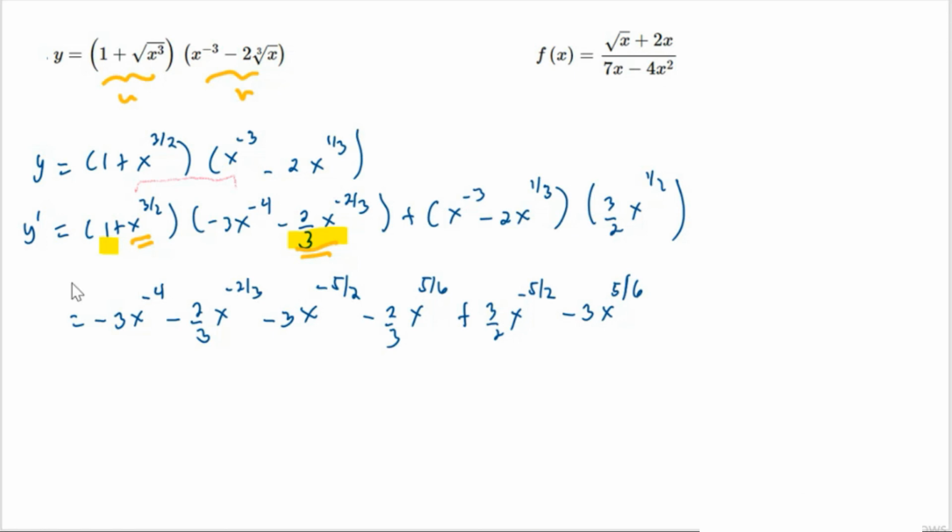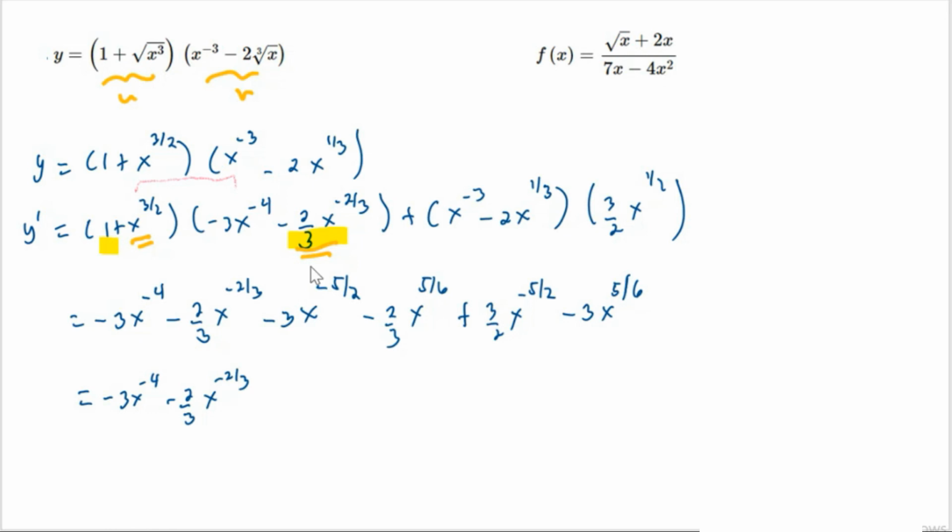So next is to simplify by combining like terms. So what are the like terms there? Let's start now with negative 3x to the power of negative 4 because there's no like terms. Next, we have negative 2/3 of x to the power of negative 2/3, because there is no like terms.